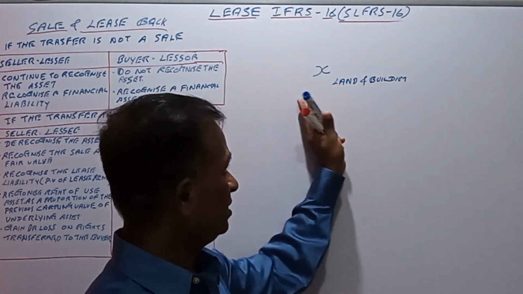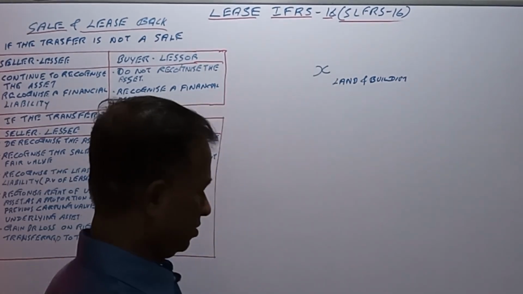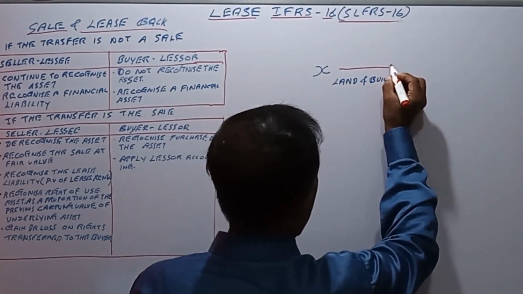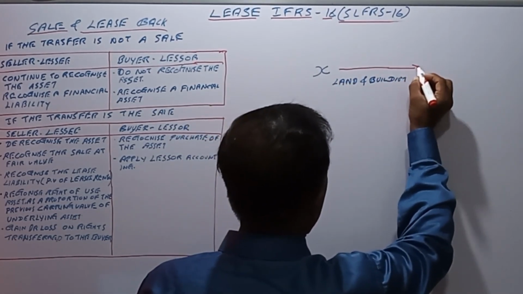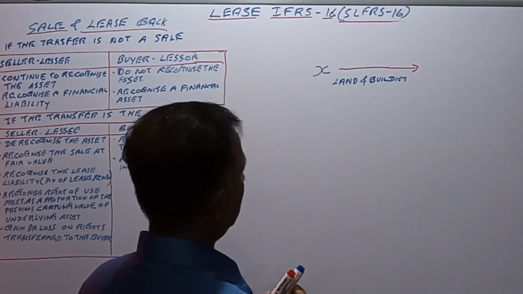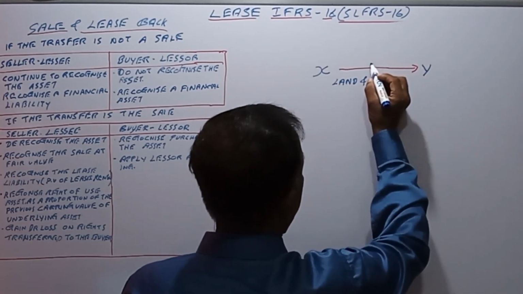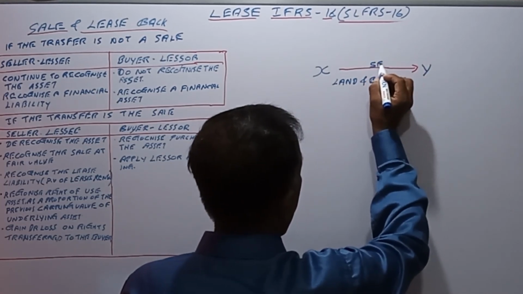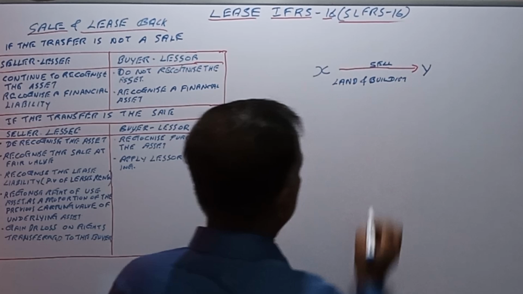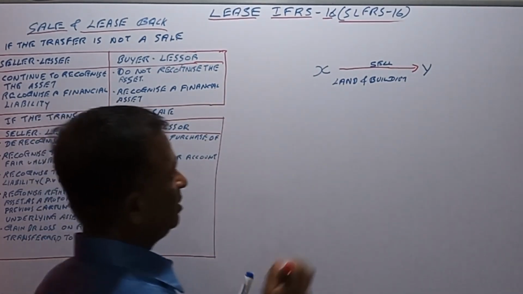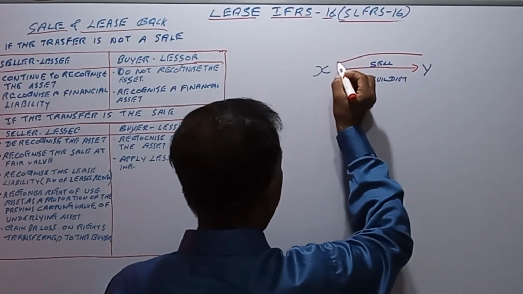So what he did was he decided to sell his land and building to Y, and decided to lease it back.